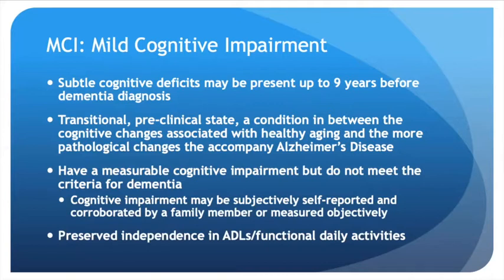The person may have a measurable cognitive impairment, but they do not meet the diagnostic criteria for dementia. And the cognitive impairment can be subjectively self-reported and corroborated by a family member, or it can be measured objectively with cognitive testing. With mild cognitive impairment, ADLs are intact.